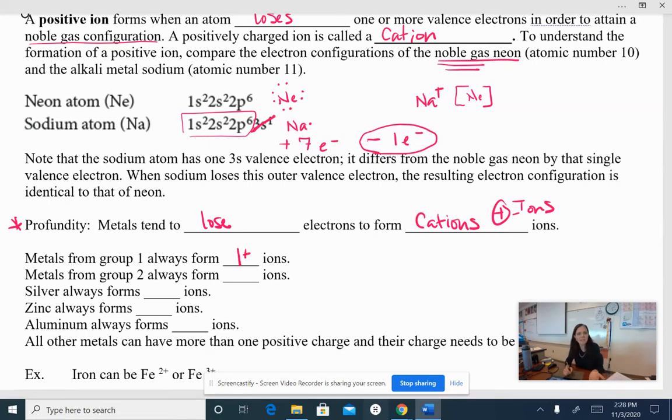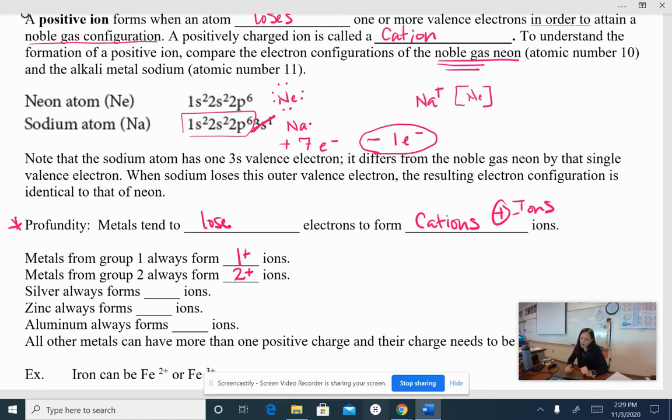They have one valence electron, so they lose that one valence electron to go back to noble gas configuration. Metals from group 2 always have a +2 because they have two valence electrons. It's a lot easier to lose those two valence electrons than it is to gain 6 electrons. So they lose those two valence electrons to go back to a noble gas configuration.